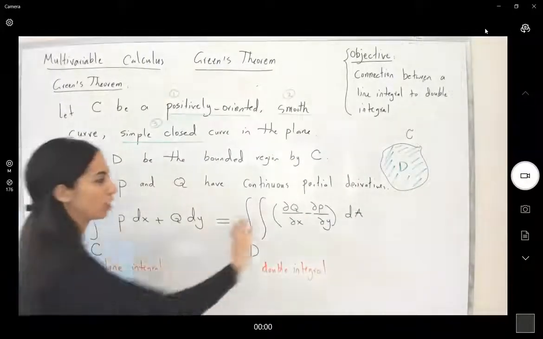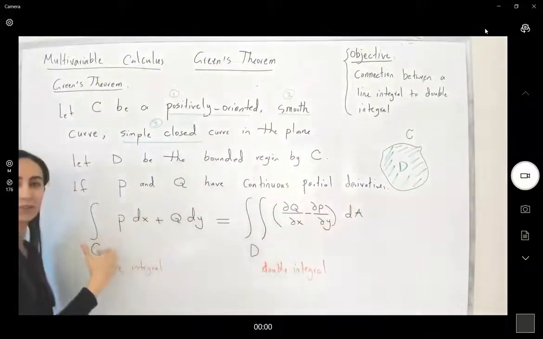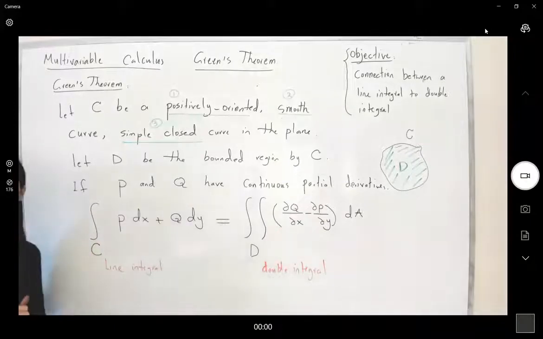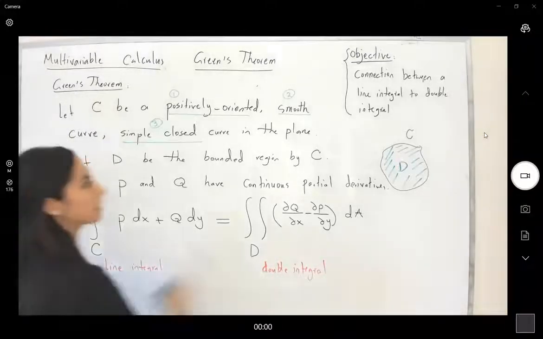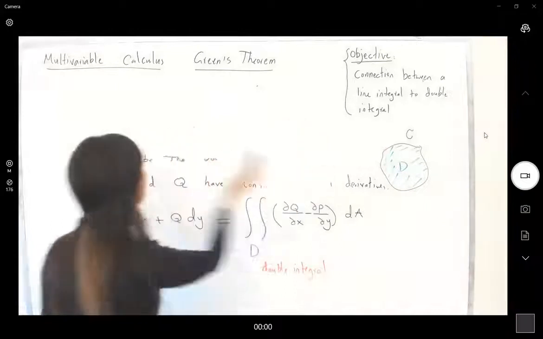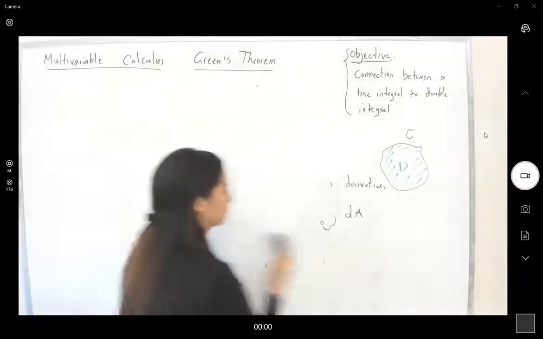At the same time, if you have the right-hand side, you can simplify that into a line integral if it's easy for you and you can evaluate the left-hand side integral. So let me write down this theorem here for you, then go over one example to feel more comfortable about Green's theorem.